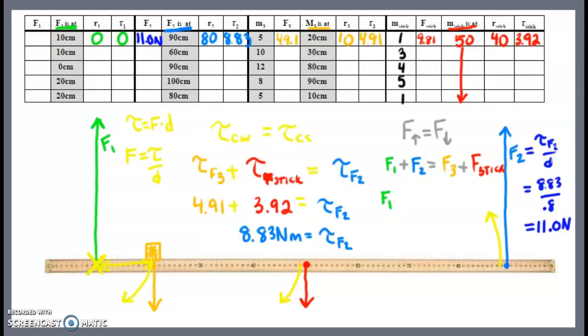That's the one we're trying to solve. Plus F2, which we just established is 11.0 newtons. That all has to be equal to F3, which we established earlier is 49.1, plus F stick, which is 9.81.